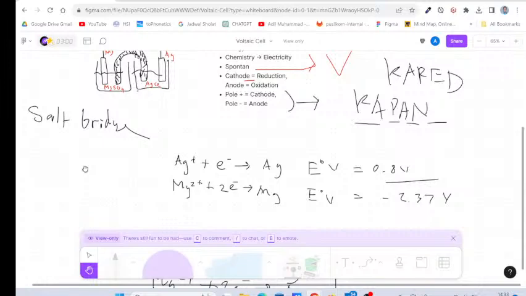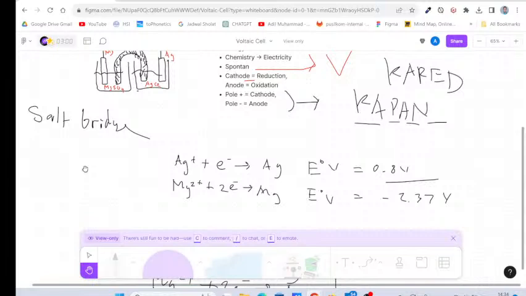Which one is the reduction? It should be Cu, copper, that will be the reduction, while Sn, tin, should be the oxidation. Yes, that's right.